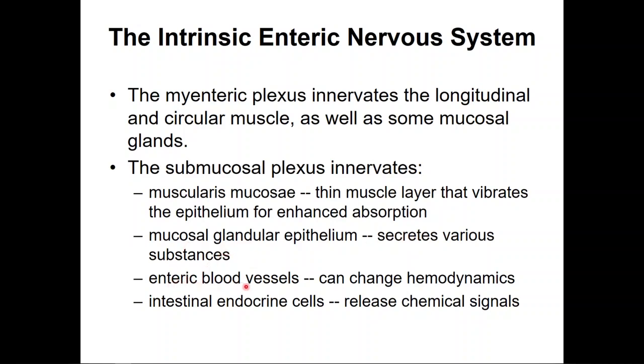It affects blood vessels, vasodilation, vasoconstriction. It's more affecting blood supply, fluid supply, and secretions rather than the larger circular muscle and the longitudinal muscle.